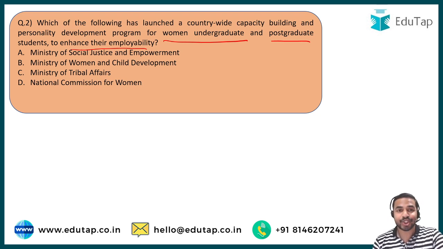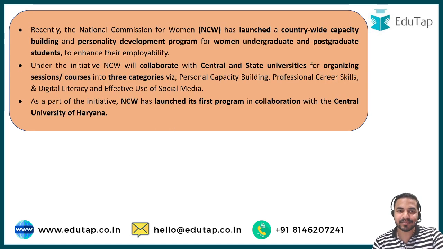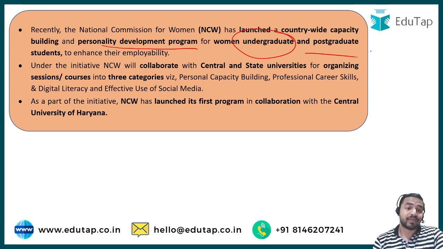And the right answer to this question is option D, that is National Commission for Women. So my dear friends, the National Commission for Women has recently launched a countrywide capacity building and personality development program for these women undergraduate and postgraduate students with an aim to enhance their employability.